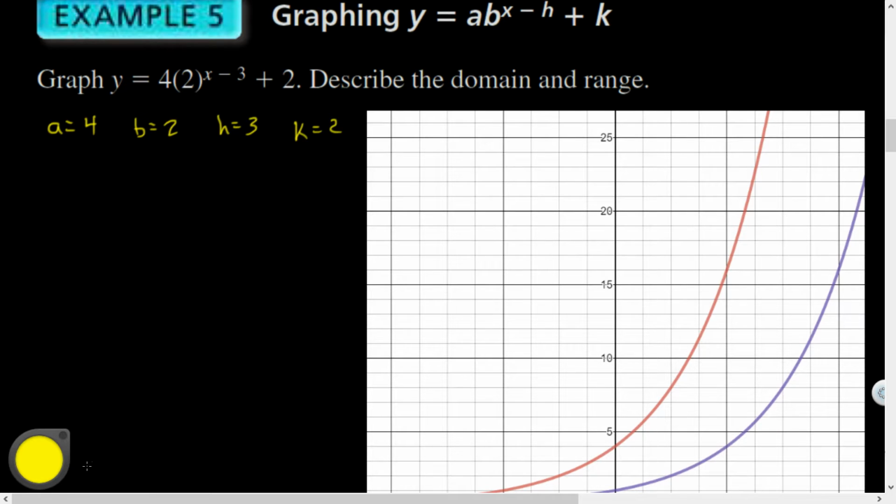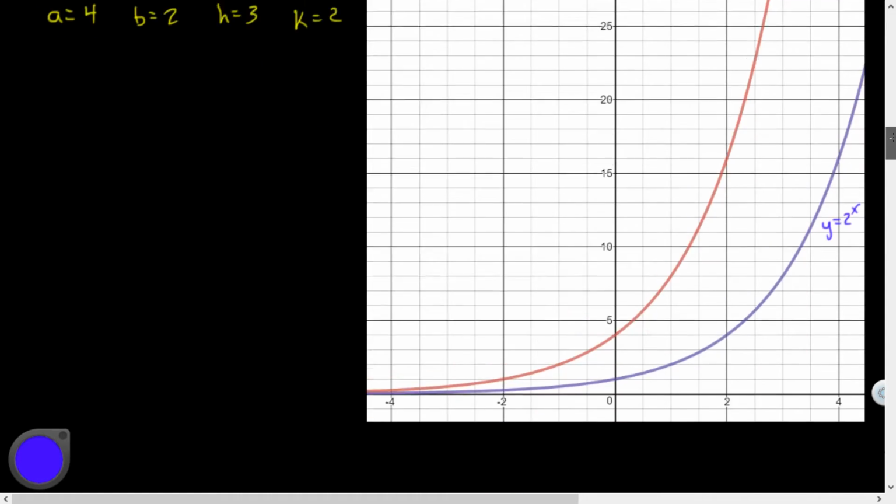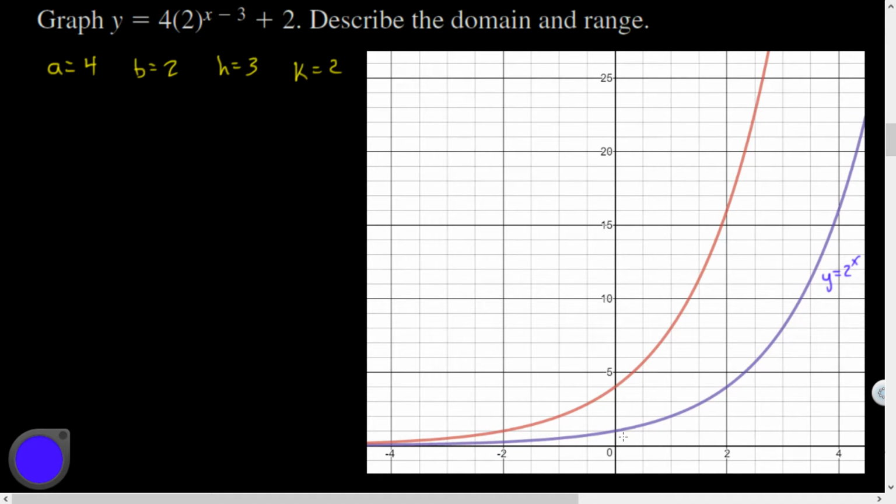Now the original graph, let me label these, and you guys can as well if you want. The original graph, this was y = 2^x. Plain old y = 2^x. Notice it had a y-intercept at 1.